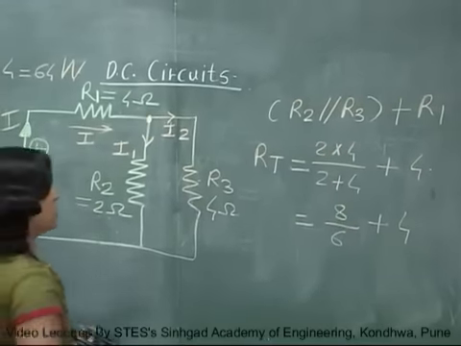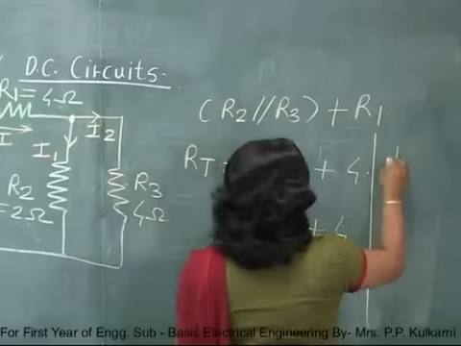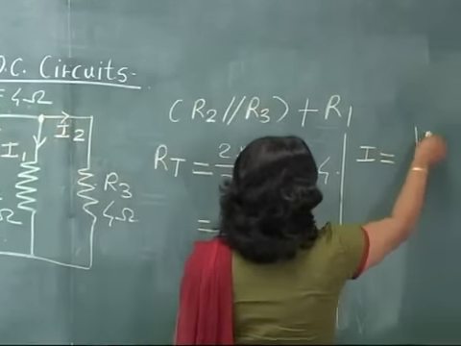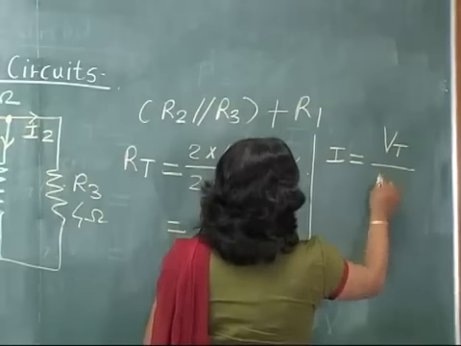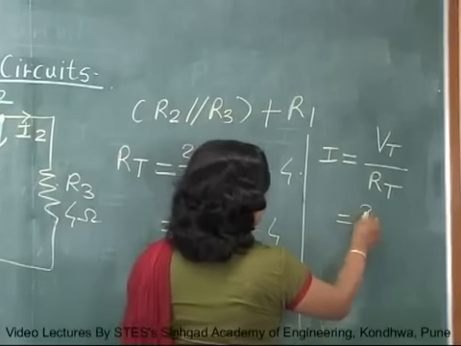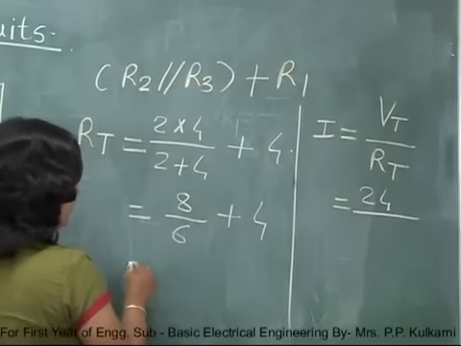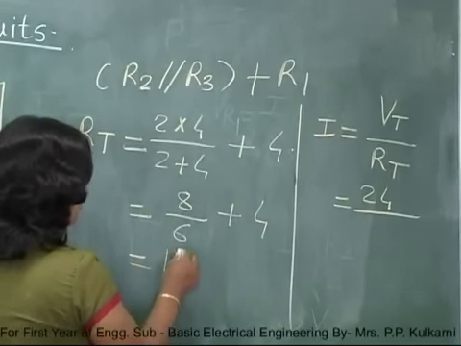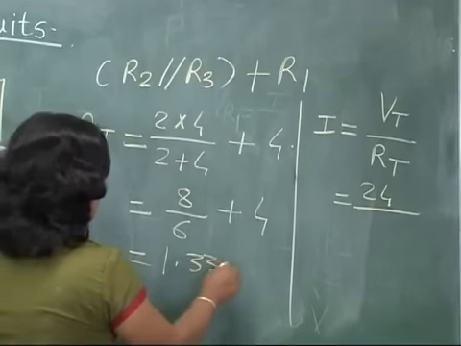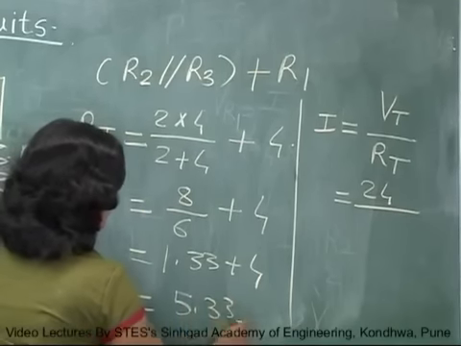The total current of the circuit can be calculated using I equals total voltage of the circuit divided by total resistance of the circuit. Now this total voltage is 24 volts in this case, and total resistance is 8 by 6 plus 4, which is equal to 5.33 ohms.